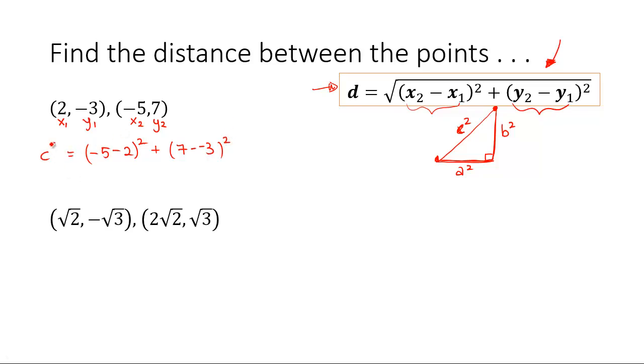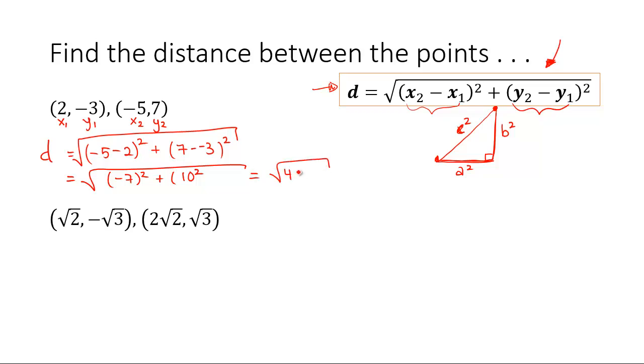And because that equals c squared, and because our answer needs to be positive, we can just write c is equal to, or d for distance is equal to the square root. So we've got the square root of -7 squared plus 7 plus 3, which is 10 squared, and that gives us root of 49 plus 100, which is root 149.